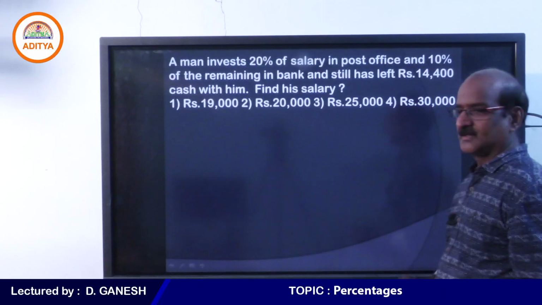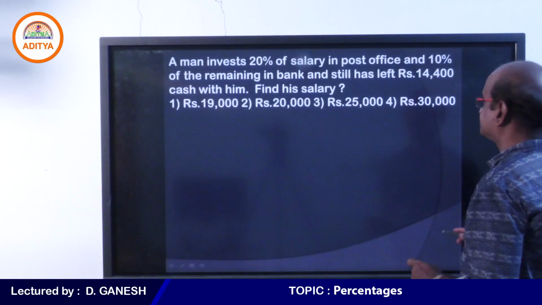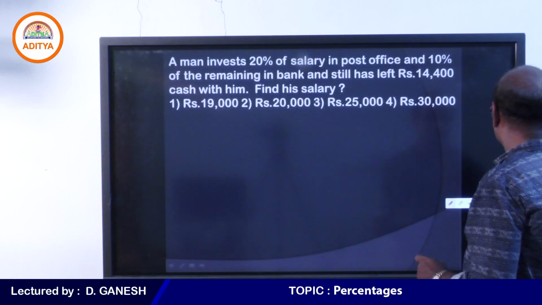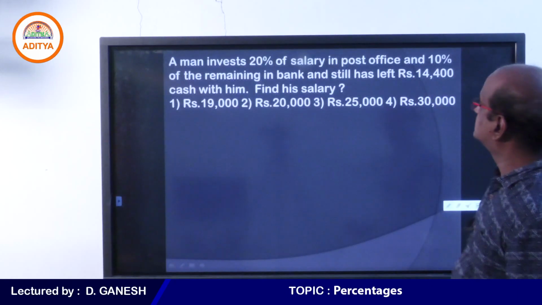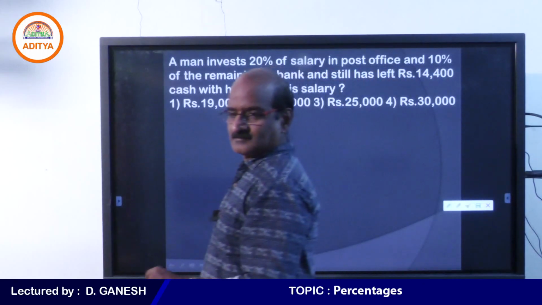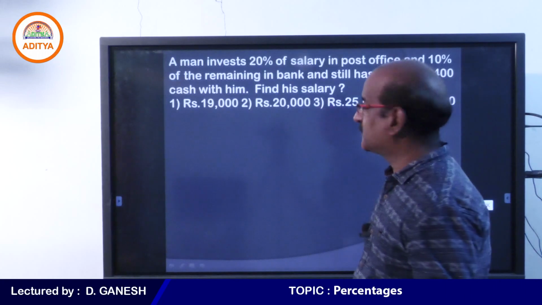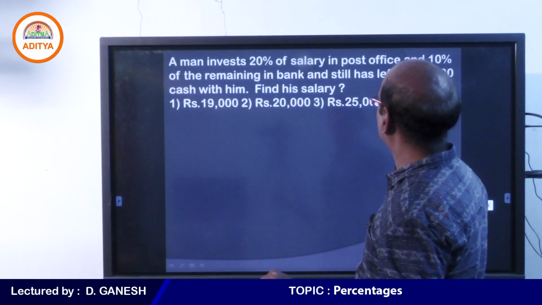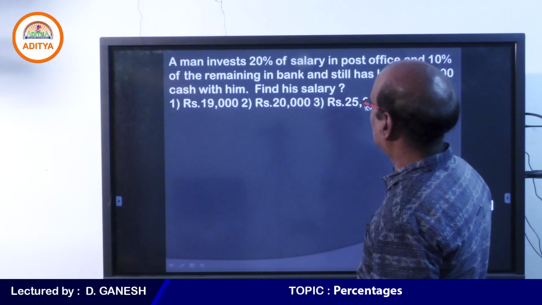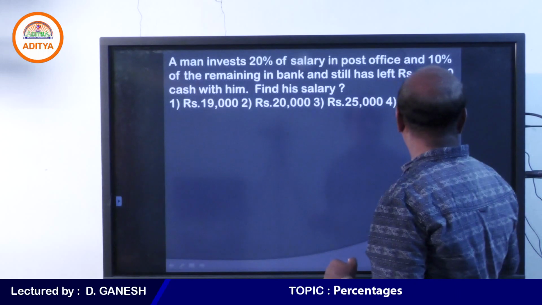Now here we go. Come on student, please look at the question and then answer. Please read the question seriously before you conclude something. A man invested 20% of salary in post office and 10% of the remaining in bank.